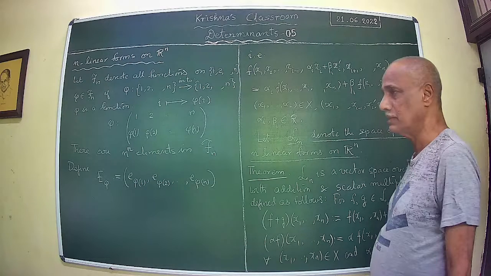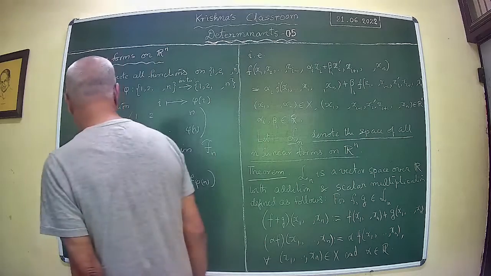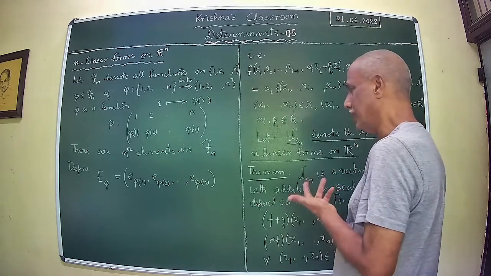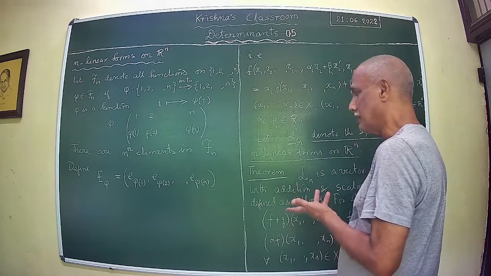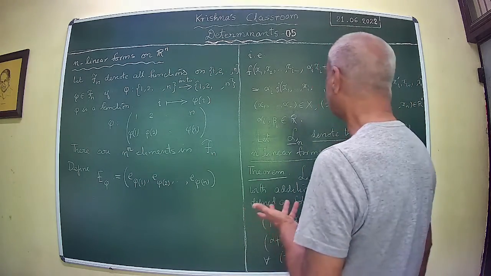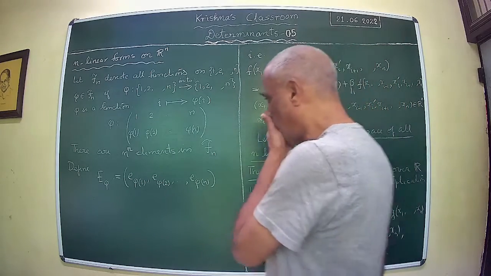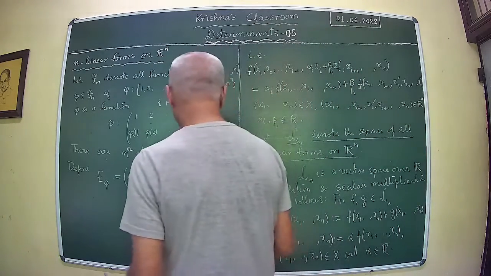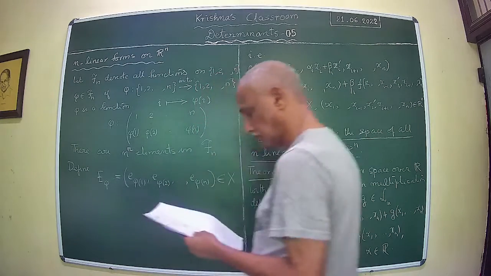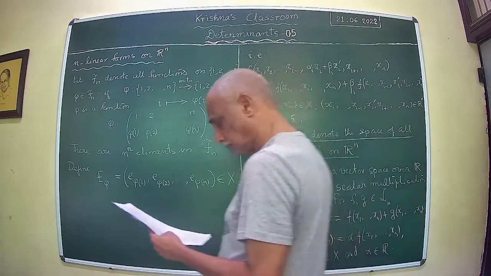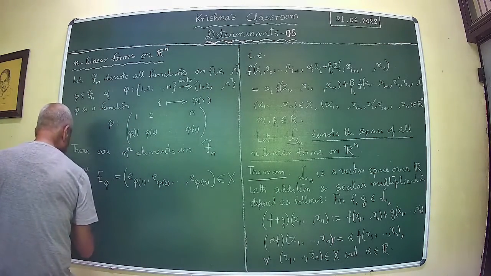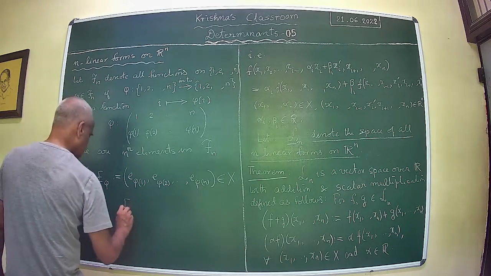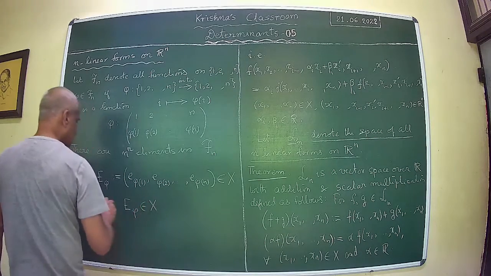So you see that this n-tuple forms an element in the space X. Okay, so this belongs to X. So for every phi belonging to Fn, E phi belongs to X.